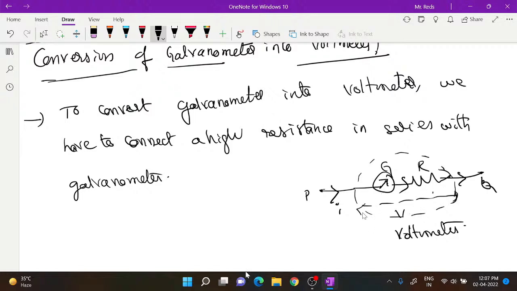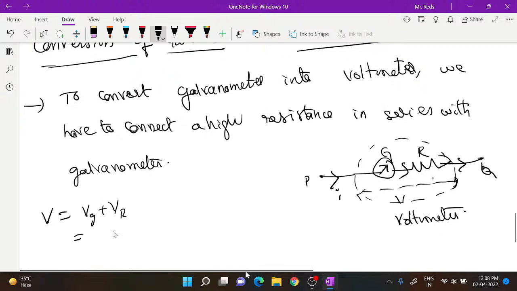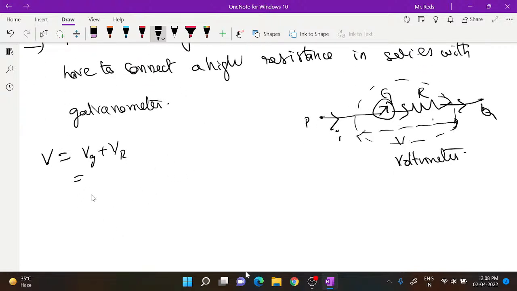That means you can also say the total potential supplied V is equal to the potential drop across the galvanometer plus the potential drop across the high resistance. You can write V is equal to current through the galvanometer into galvanometer resistance, plus current through the resistor, which is the same, Ig only, so Ig into R. So V is equal to Ig into (G plus R).